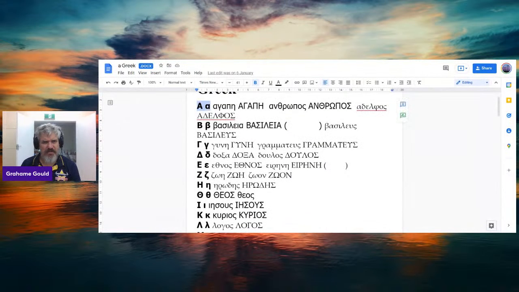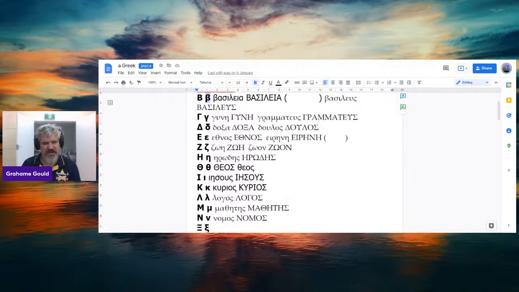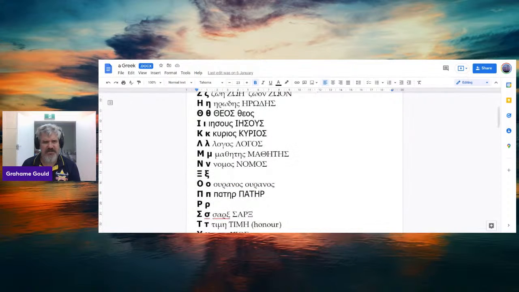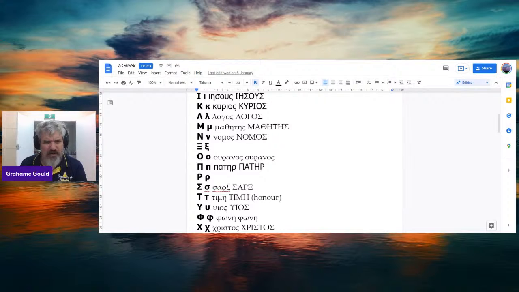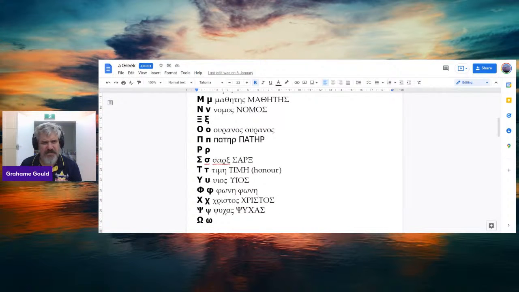So capital and lowercase. Mostly in reading the Bible, you'll be looking at the lowercase. So if you want to scan your eye down these bolded letters: alpha, beta, gamma, delta, epsilon, zeta, eta, theta, iota, kappa, lambda, mu, nu, xi, omicron, pi, rho.